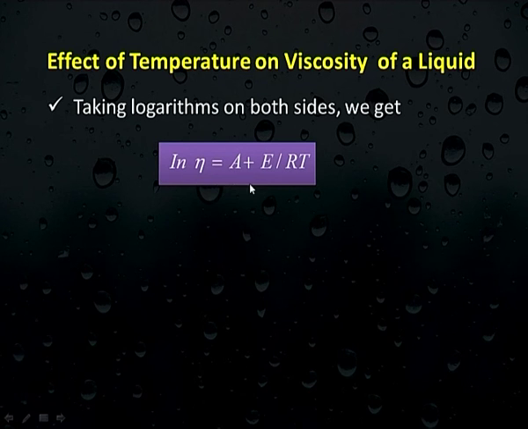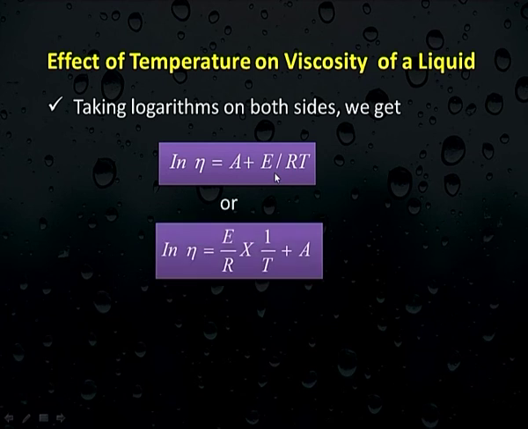Now, we will take log on both sides and we will get ln eta is equal to ln A plus E upon RT, or ln eta is equal to E upon R multiplied by 1 upon T plus ln A. We have written the second part first and then this portion here.